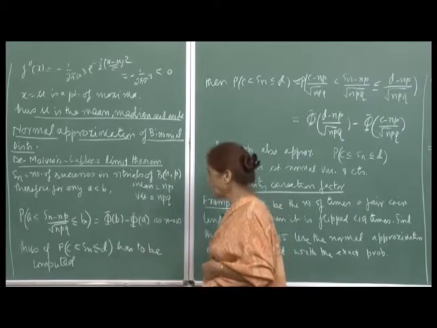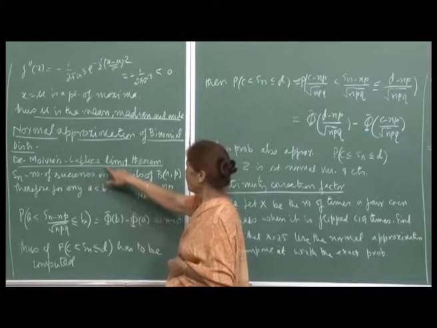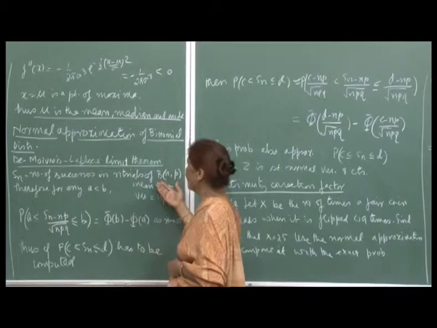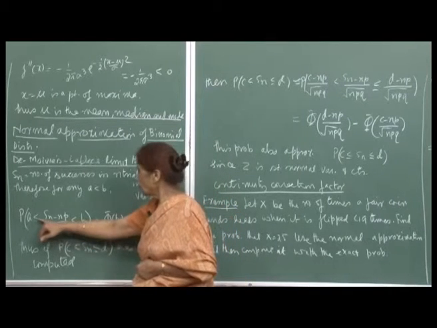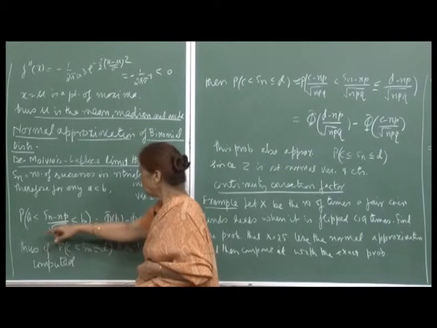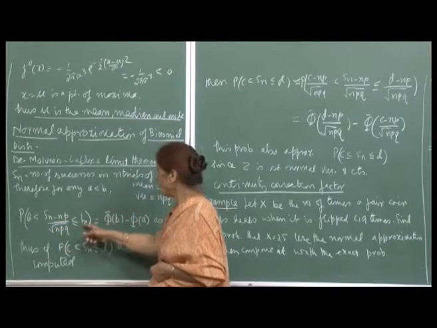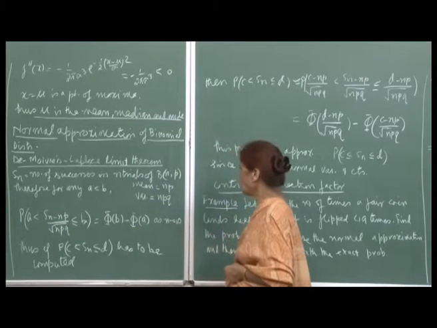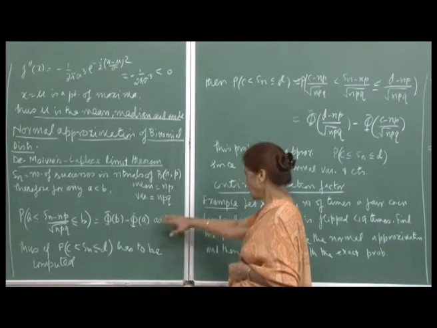We will talk about it later, but right now De Moivre's Laplace limit theorem simply says that if you have a binomial random variable, and you want to compute the probability that S n minus n p upon under root n p q lies between a and b, with a strictly less than this, then this can be approximated by phi b minus phi a. This is the Laplace theorem.